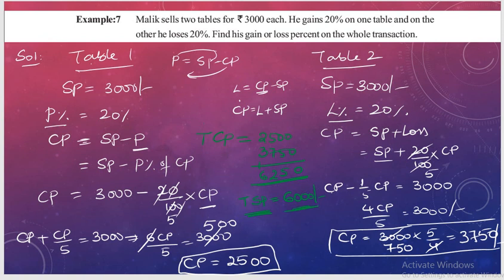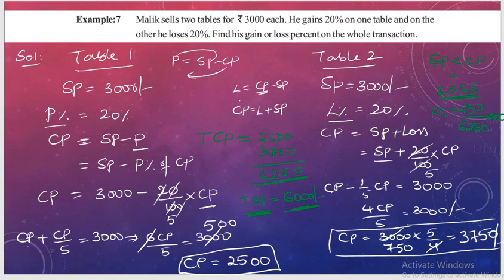So here selling price is less than cost price, so clearly this gives me loss. When I am getting loss, automatically we can find out the loss percentage now. So overall loss percentage is equal to how much loss he has incurred, 6250 minus 6000, that is nothing but 250. So 250 divided by total CP, which is 6250, into 100.